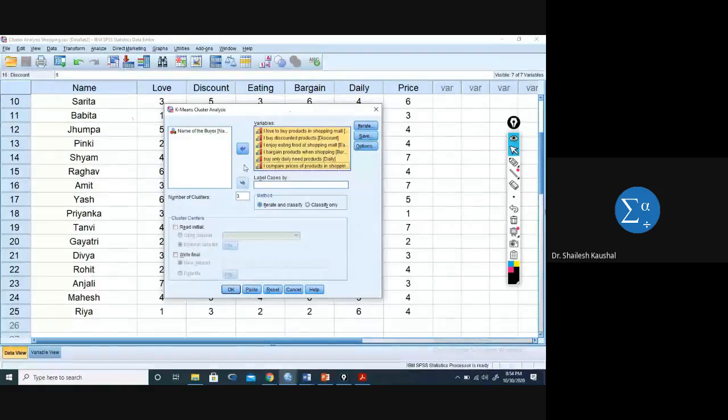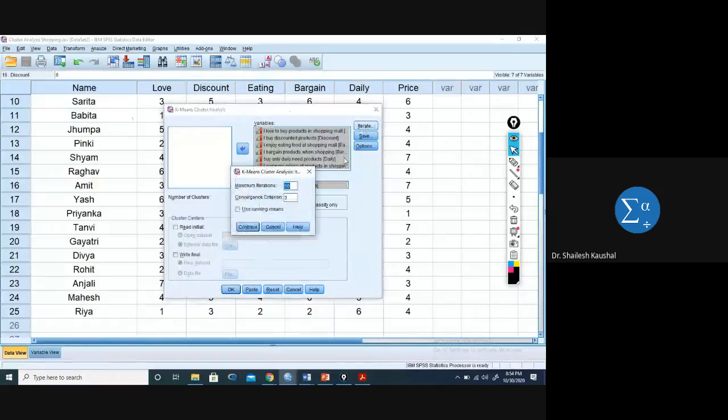Here I am transferring all the 6 variables, and the name of the buyers goes in label cases by. Okay, and then iterate. So we can see here the 10 and 0, nothing to do here.